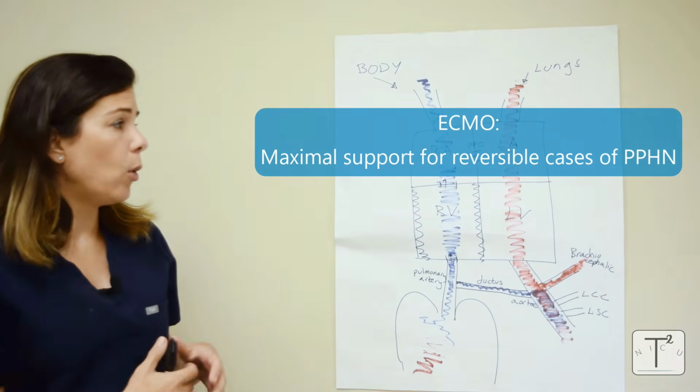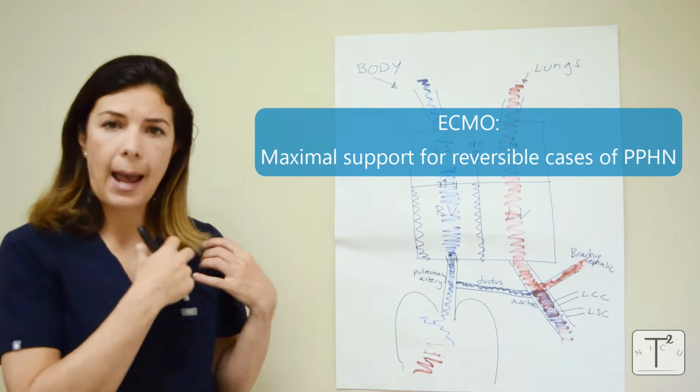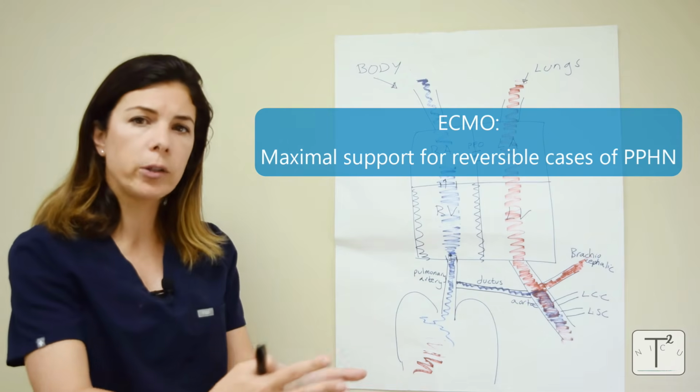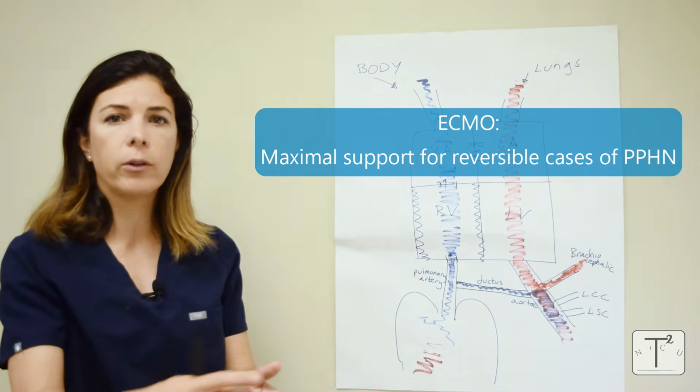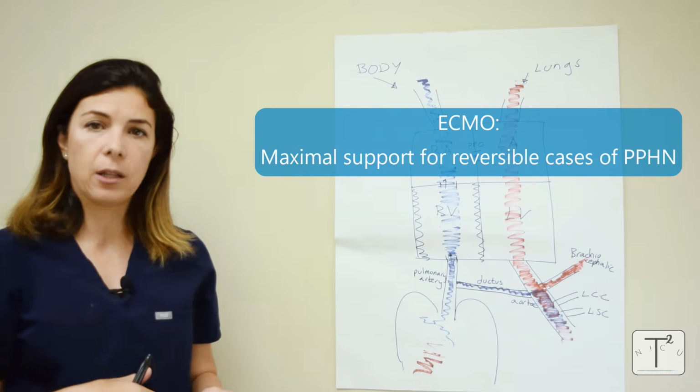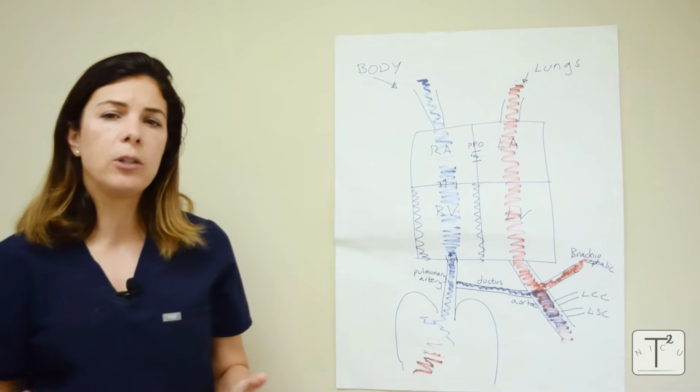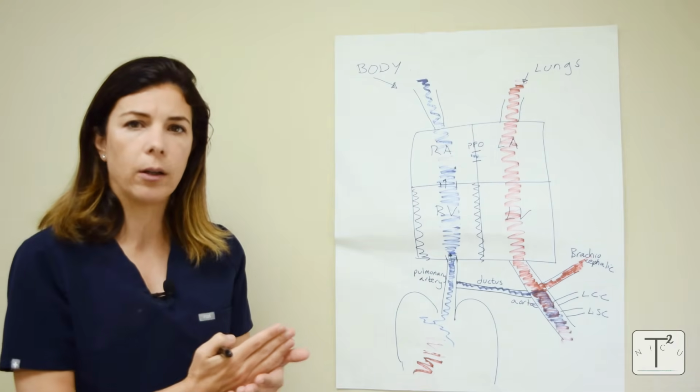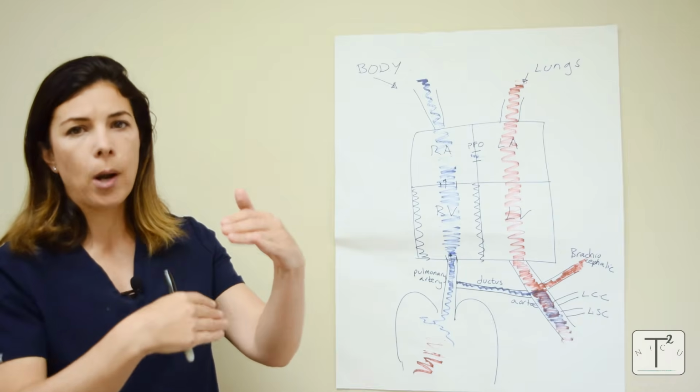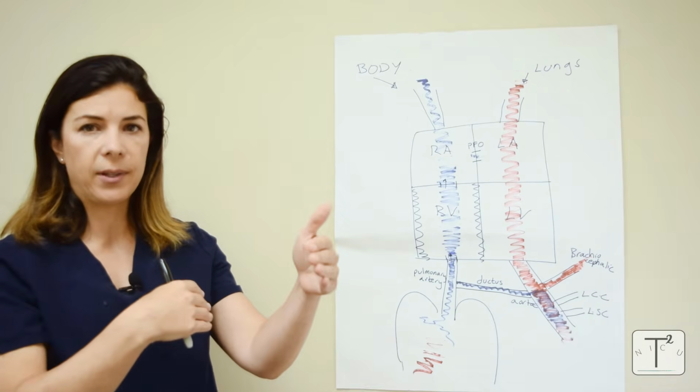And that is where you are literally taking all of the blood out of the body and putting it through an artificial lung and maybe artificial heart, and then putting that blood back into the body. At that point, what you're hoping to do is just stop this vicious cycle of having hypoxemia, more pulmonary hypertension, hypoxemia, more pulmonary hypertension.